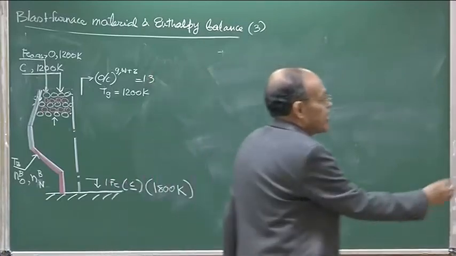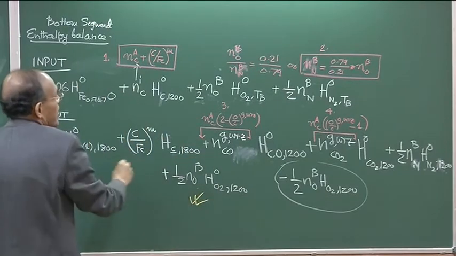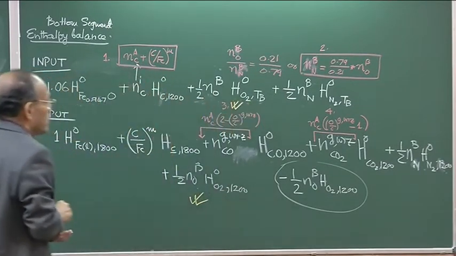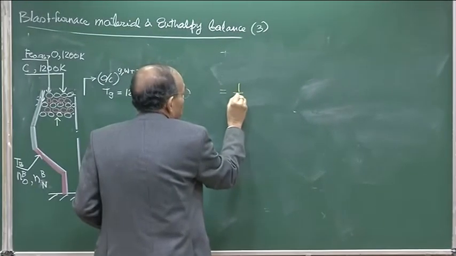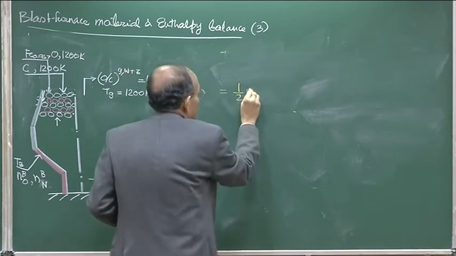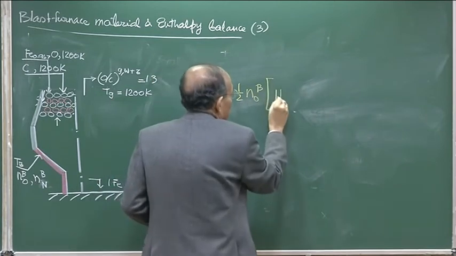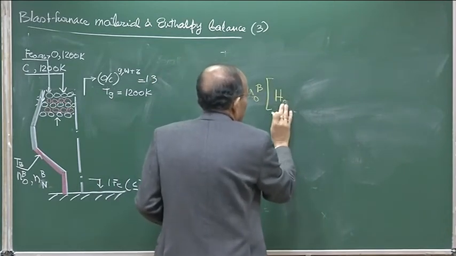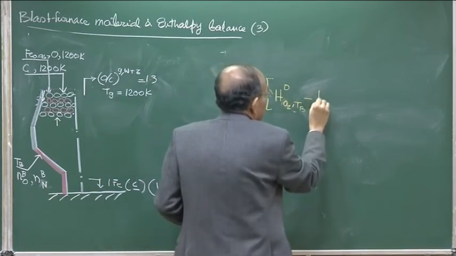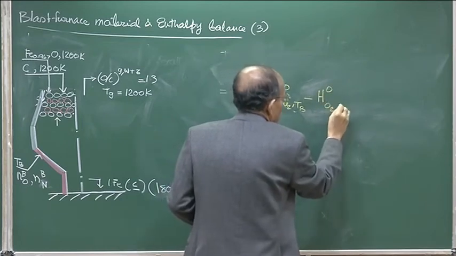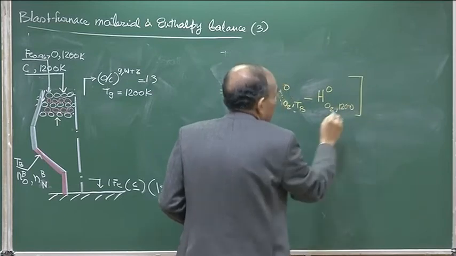Let us take this term now to the left hand side and manipulate it with this particular term. So, what are we going to get? We are going to get something like half NOB is common, and then we have H naught oxygen TB minus H naught oxygen 1200. That is what we have gotten.